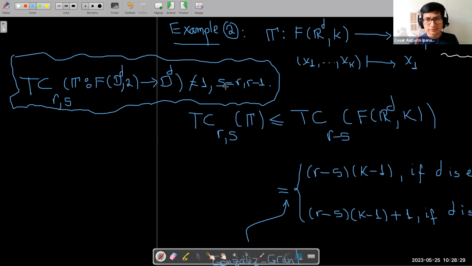Okay, yes, that is a good question. At the moment, I do not have a complete answer for that situation. But I believe that we can obtain an estimate, because I recall that in the case when you consider a fibration over an H-space, we have a complete answer for s equal r minus 1.